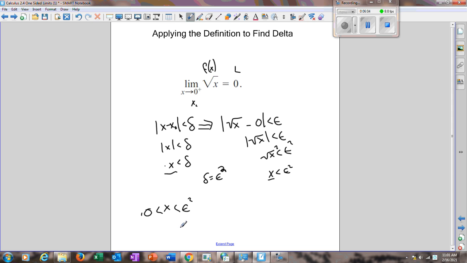And that's it. Kind of the same thing we did before. We're just taking away the negative values. Now, if I was coming from the left-hand side, I would only do my minus epsilon instead of my plus epsilon, and I would only do my minus delta instead of my plus delta.